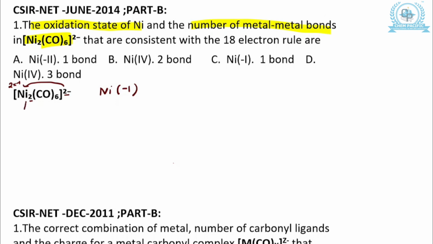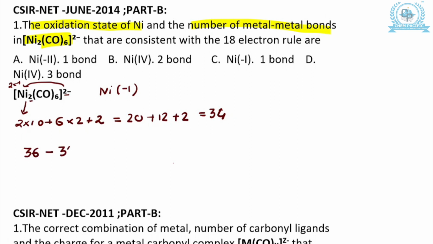And now let us solve this. Now see students, you have 2 nickel. Let us do the TEC, total electron count. Nickel has valence electron 10, plus for CO you have 6. So 6 into 2, and due to the charge you have to add plus 2. So it will turn out to be 20 plus 12 plus 2, which is equal to 34. And now you know that if you have two metals, the total electron count should be 18 into 2, which should have been 36, but you got 34.